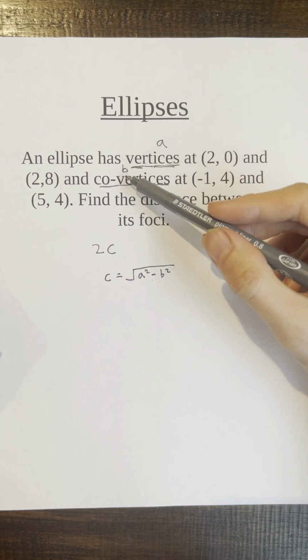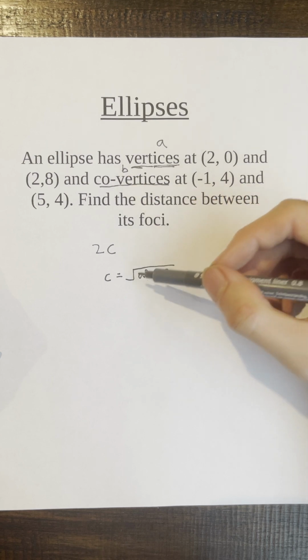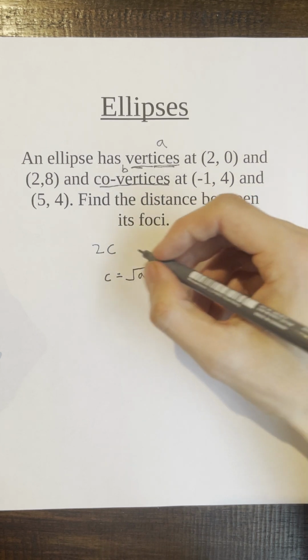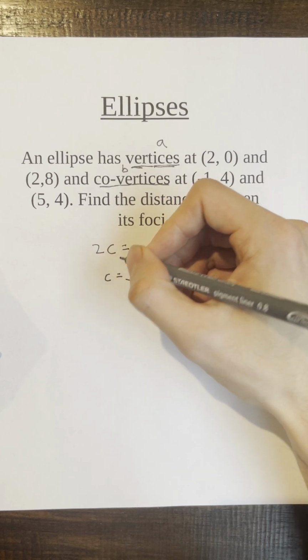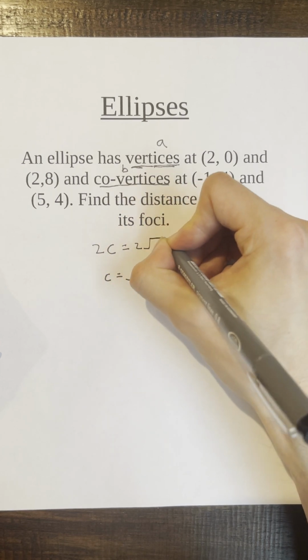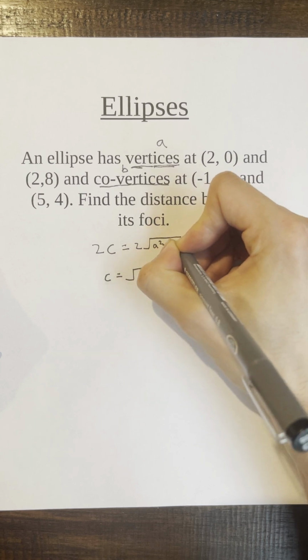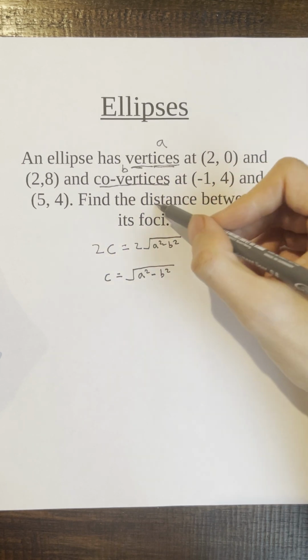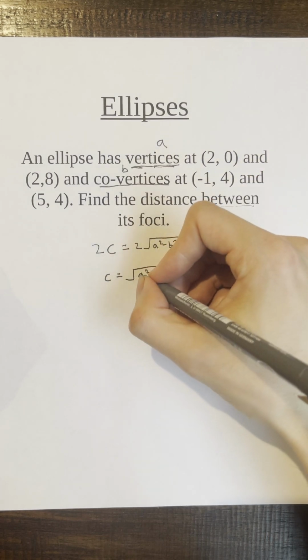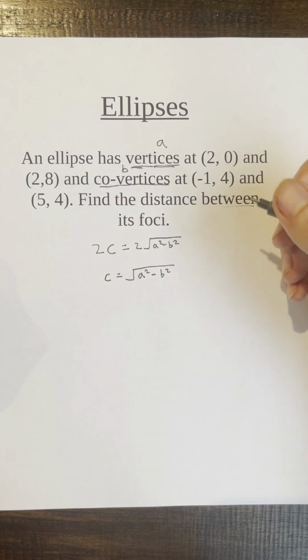So if you know A and B, you can get A squared and B squared, plug them into this formula, and get C. And if you can get C, well, you can just double your answer to get the distance between the foci. So we really need to be looking for A and B here.